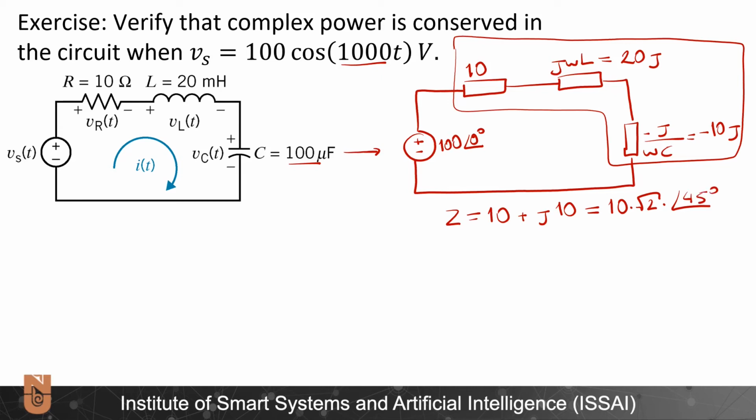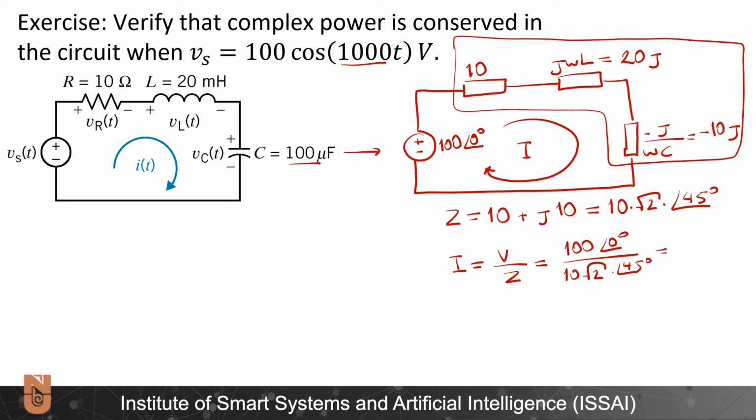So now I want to find the phasor for current I. I will be equal to V over Z, and V is equal to 100 with a 0 degree angle divided by 10 square root of 2 at 45 degrees, and this will be equal to 5 times square root of 2 at minus 45 degrees. So this way I found my current I as well.